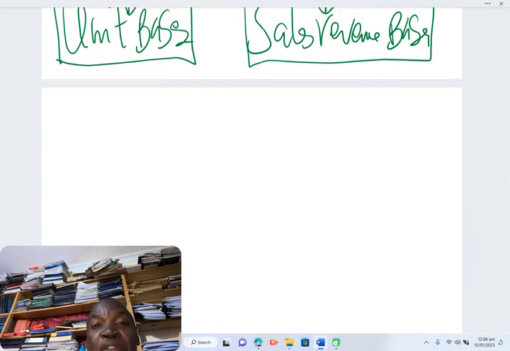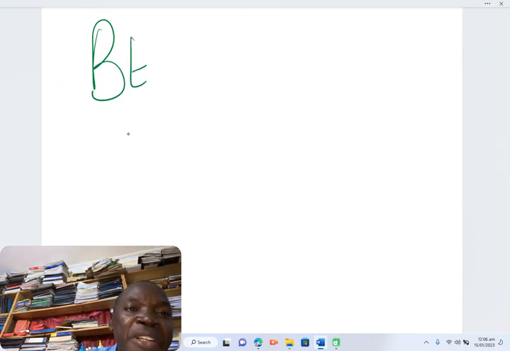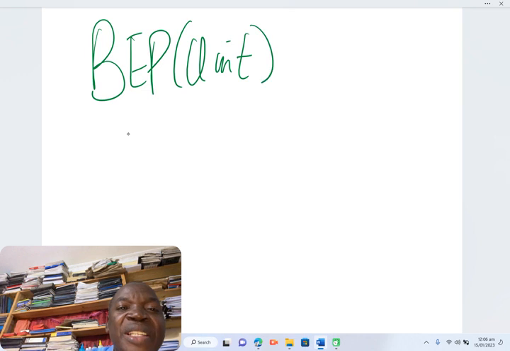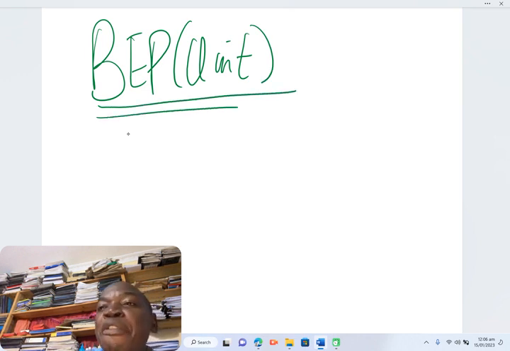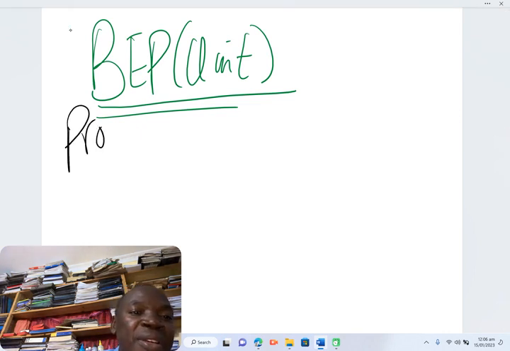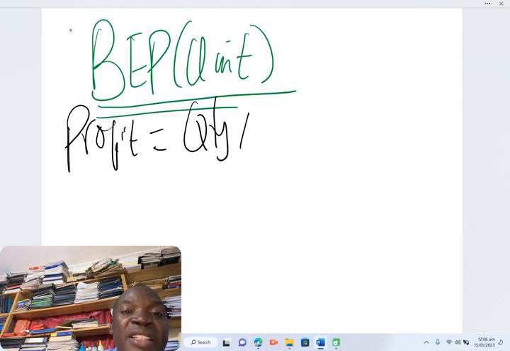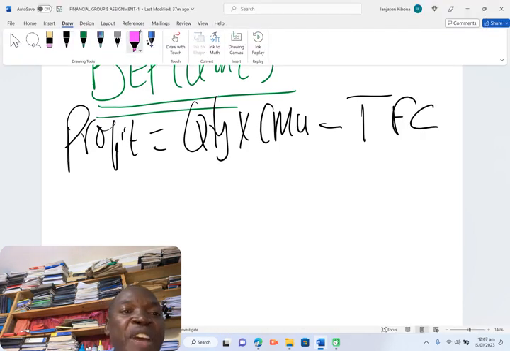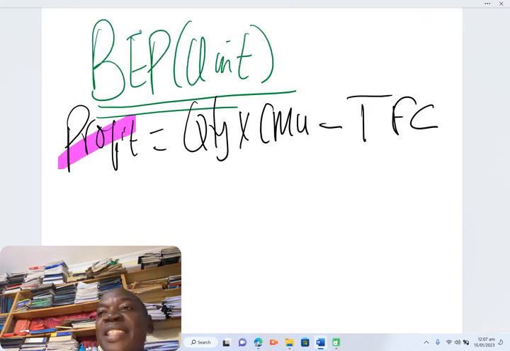So, having known this BEP, you should not think of memorizing formulas and other materials and creating problems and headache. So you have to go to the first formula. For example, you see BEP, break-even point in units. So you move to a unit formula, direct and straight. You see profit equals quantity times contribution margin per unit minus total fixed cost. Now in BEP, we have this profit equals 0.